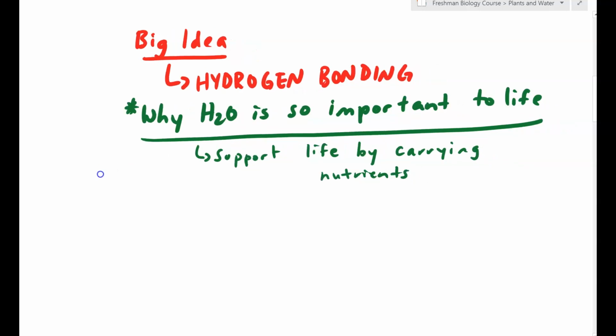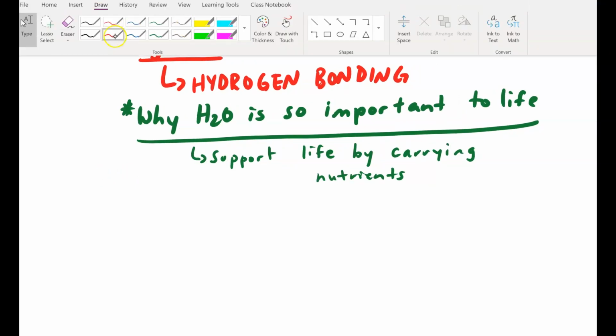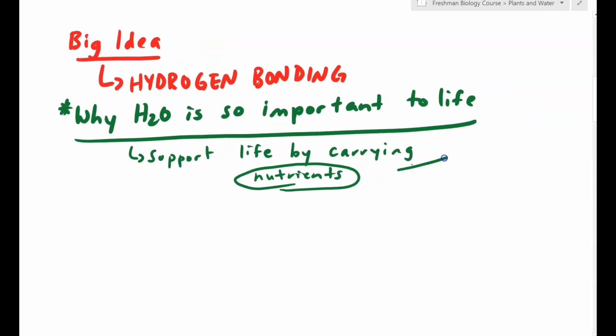All right, and some of those basic nutrients that water has to carry, we'll go ahead and list those, are going to be things like nitrogen, kind of like the electrolytes that you find in things like Gatorade, nitrogen and phosphorus and glucose.